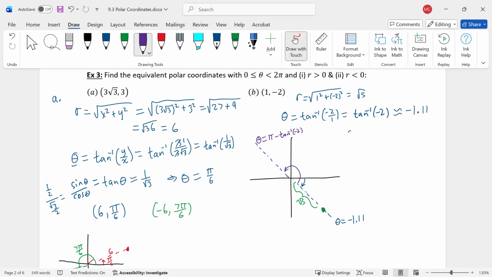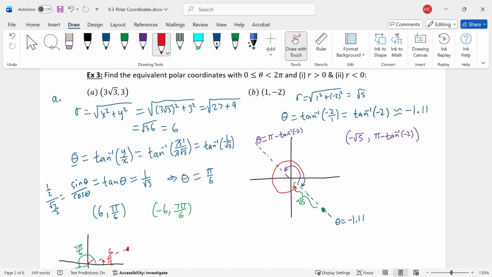And so that tells me one of my points would be negative root 5, and the angle pi minus tangent inverse of negative 2. And now I want one other angle that's between 0 and 2 pi, so I can look at the angle that rotates all the way out to here, right?